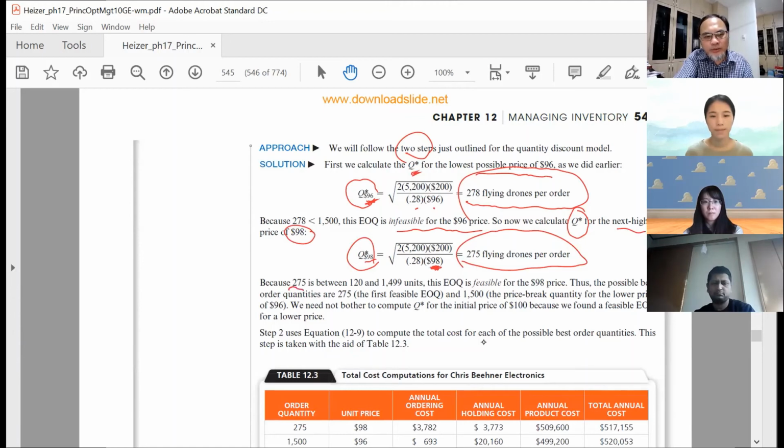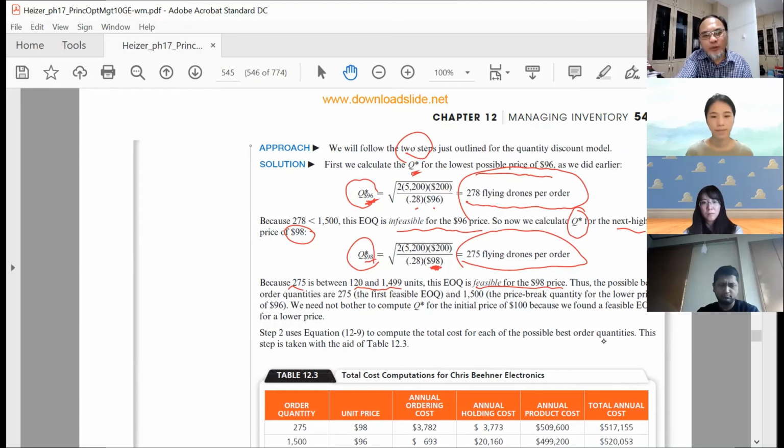Because 275 is between 120 and 1,499 units, this is feasible. This is feasible for $98.